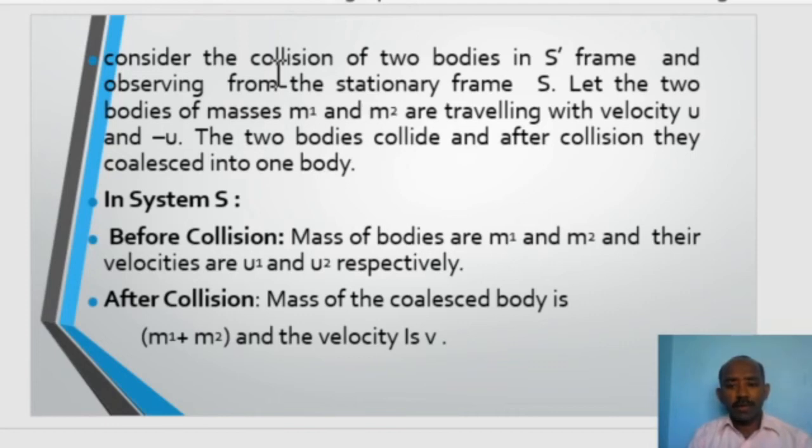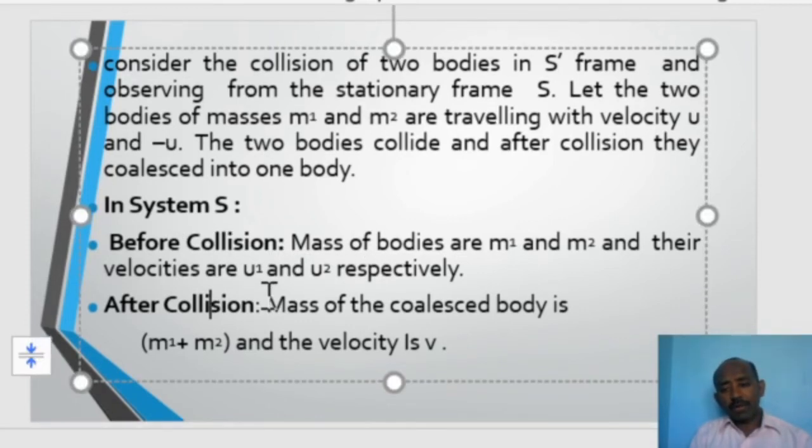Because both the bodies are moving opposite to each other with the same velocity, the two bodies collide, and after the collision they collapse into one body. Now in the system S, we are observing that before the collision the masses of the bodies are m1 and m2 and their velocities are u1 and u2 respectively.